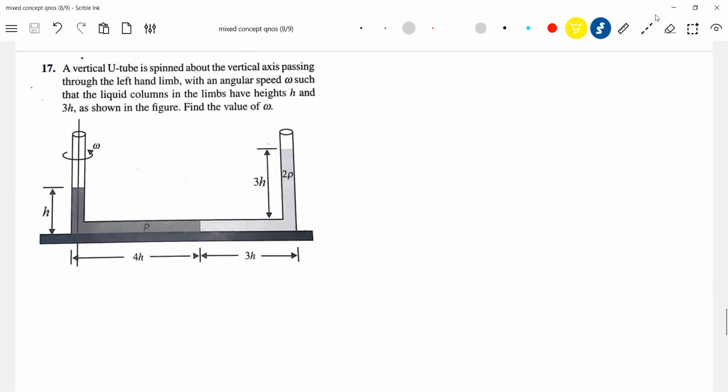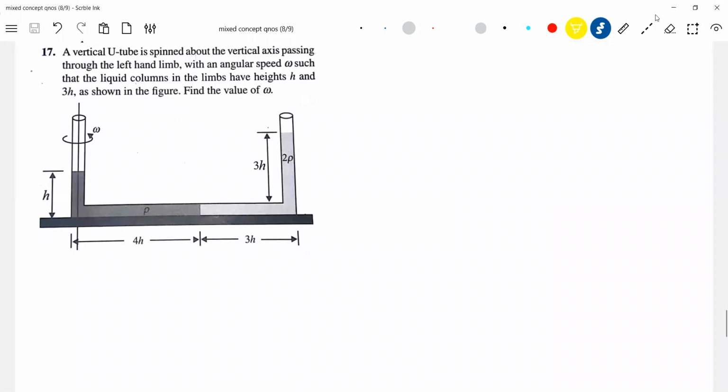Rotating tube. Read the question. A vertical U-tube is spun about the vertical axis passing through the left-hand limb with an angular speed omega such that the liquid columns in the limbs have heights h and 3h as shown in the figure.